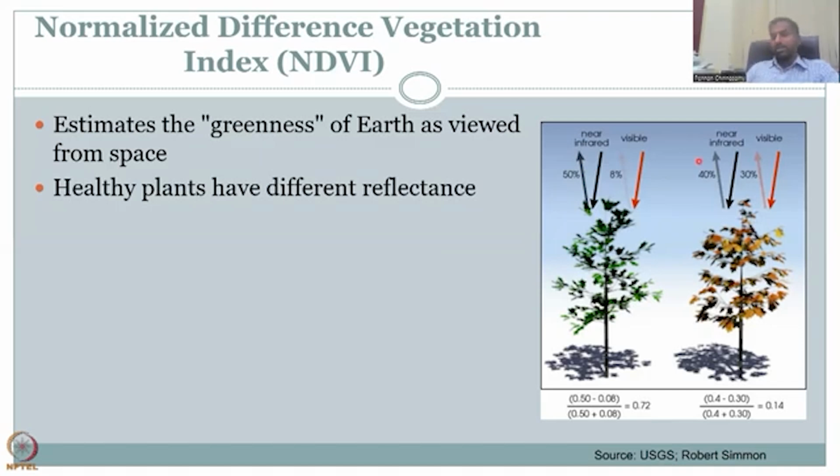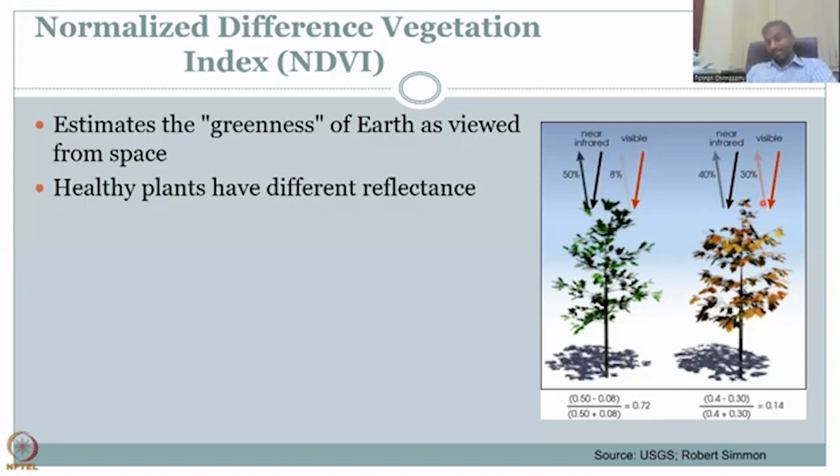So 8% is reflected in healthy vegetation, whereas in the visible 30% is reflected in the other plant, because it is a mixture of colors. Not only green is there, you can see green, red, brown, orange, yellow. All these colors are there because some leaves will still have some greenery, whereas most of the leaves are turning from green to red, brown, and then slowly falling down. So that will give you 30% reflectance.